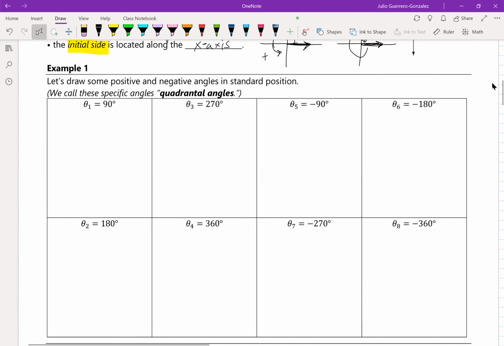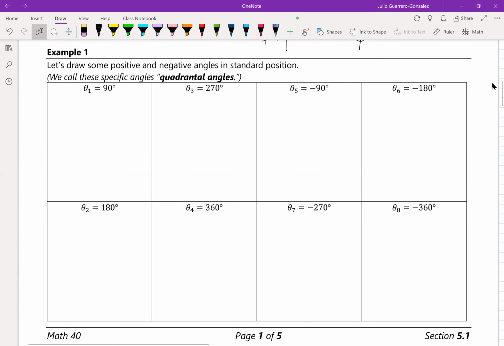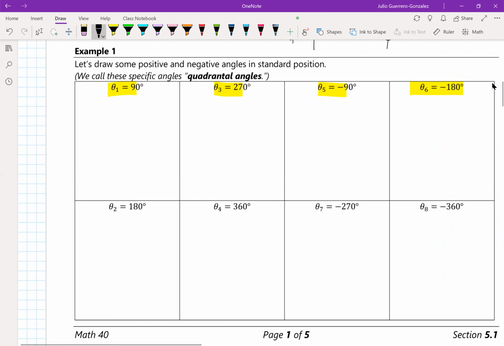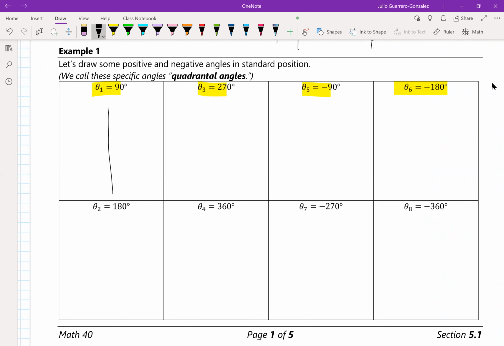So for example, let me do the first row here, and then I'm going to have you guys try the bottom ones later. So 90 degrees is, I'm going to draw my origin, here's my initial side.